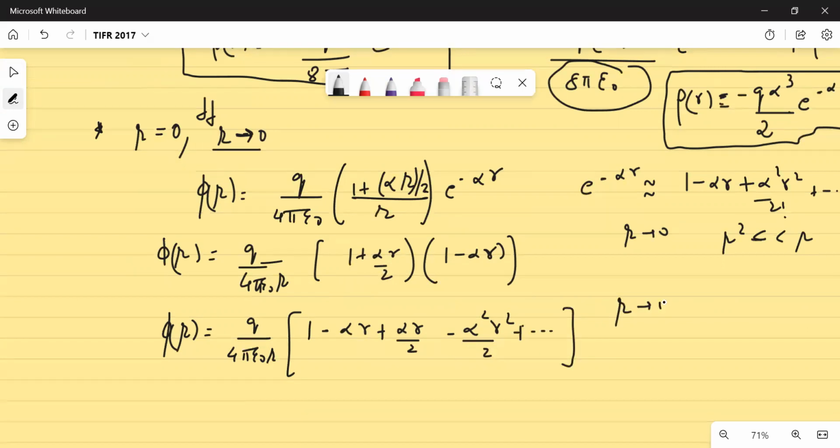Now, as r tends to 0, all these terms go towards 0, and the only remaining term is 1. And overall, as r tends to 0, whatever my potential remains is close to q upon 4 pi epsilon naught r.